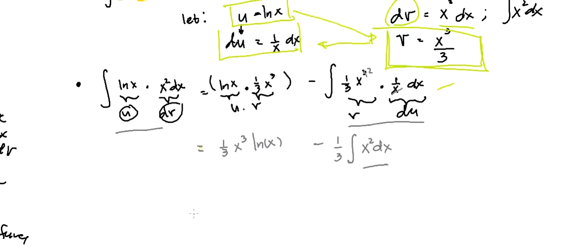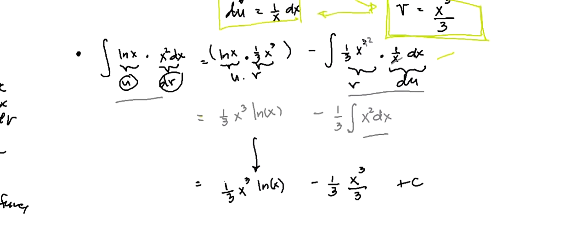Okay, so finally we can now solve this part. Let me copy the constant 1/3, then the integral of this is simply x cubed all over 3, then our plus sign. Then let's copy this: 1/3 x cubed ln of x.